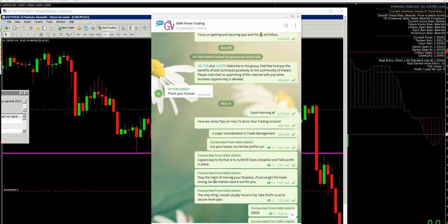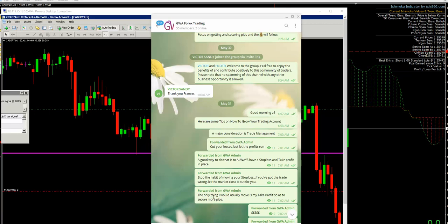That is, stop the habit of moving your stop loss. You really want to stop that habit, because what people tend to do is when the price begins to move against them, they begin to move their stop loss as though they are very certain that the price is going to carry on in their direction. What tends to end up happening is you now give up more pips, which you really don't want to do.